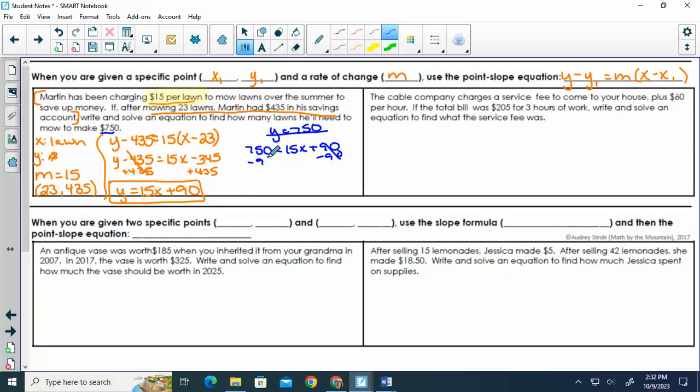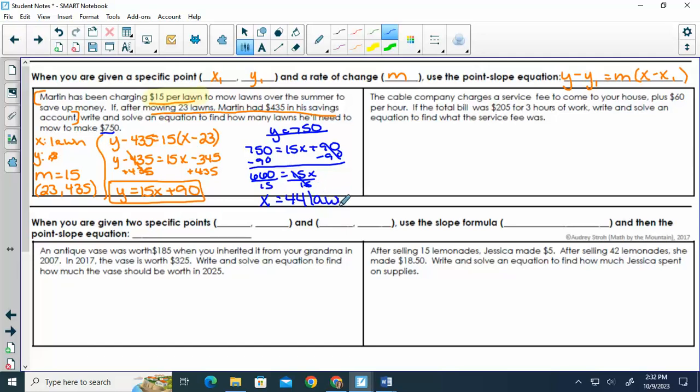Subtract the 90. Divide by 15. You get 44. What would the label be?